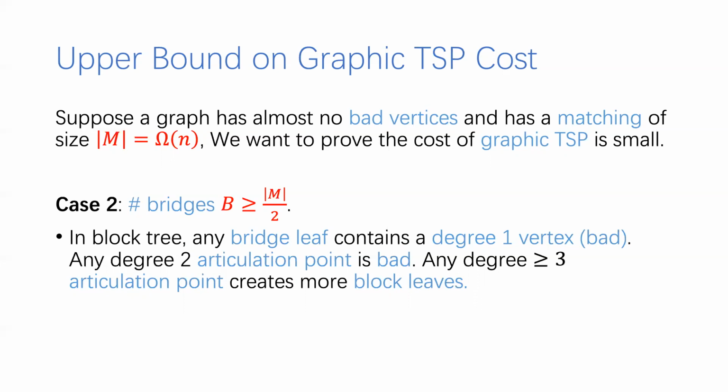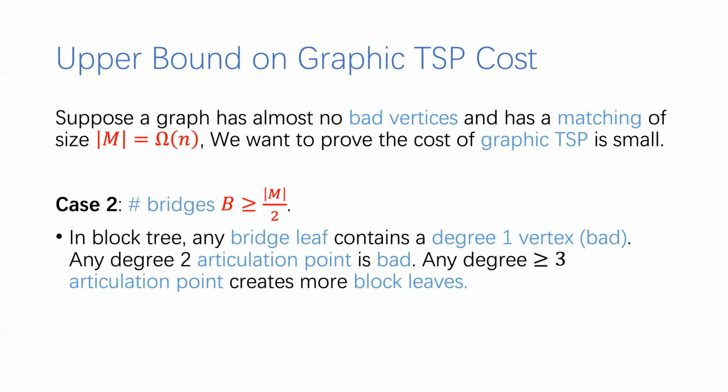If it is an articulation point and only connects to one other block, if this block is a bridge, then the vertex is a degree 2 articulation point, which will also mean it is a bad vertex. Otherwise, the other block is a non-bridge block.